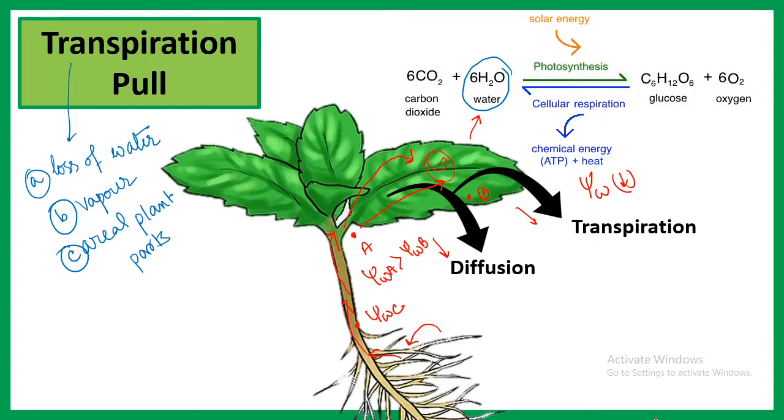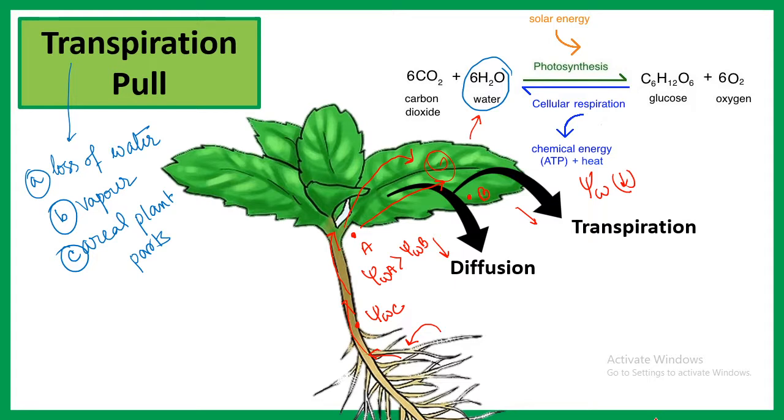Now the water potential of C will be higher than that at A, so the water will move from C to A, and this way the water will move up. Basically, water is always moved by manipulating the water potential, and how you manipulate the water potential depends on the way you are doing it. So this was a passive way of manipulating the water potential.